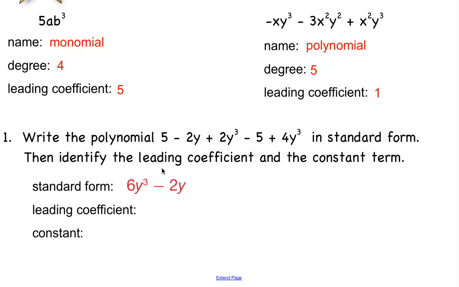So we ended up with only 2 terms. Our leading coefficient is the number in front of the term with the highest degree. Well, y cubed has the highest degree, so the leading coefficient is 6. Our constant term is gone. There isn't a constant term, so we could say that it is 0 or there's none.